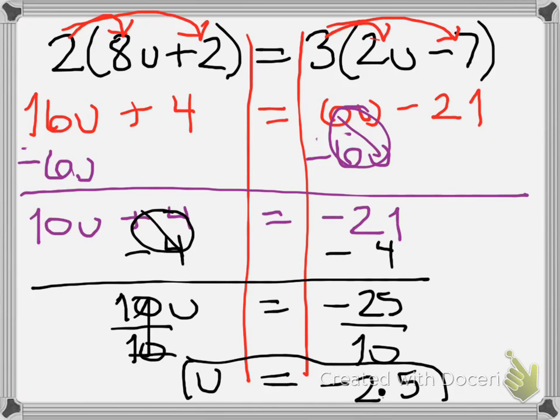Okay? So u equals negative 2.5. And once again, if you need to go back and check your work, you can. I'm going to leave that checking up to you. But trust me, u equals negative 2.5 is the correct solution.